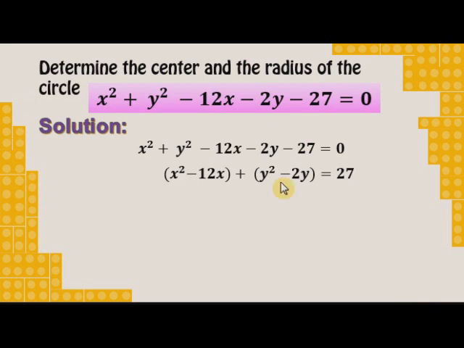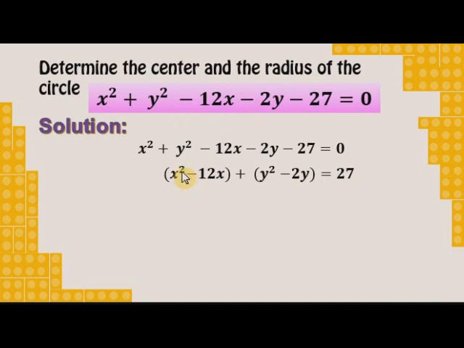Okay. Because we are going to focus on x minus h quantity square plus y minus k quantity square, which are squares of binomial, and if we have that square of binomial, we can have our h and k. So we are going to apply what we have reviewed earlier.